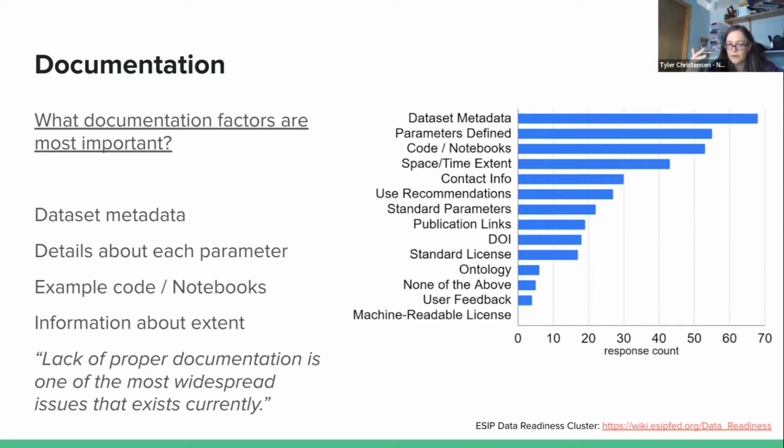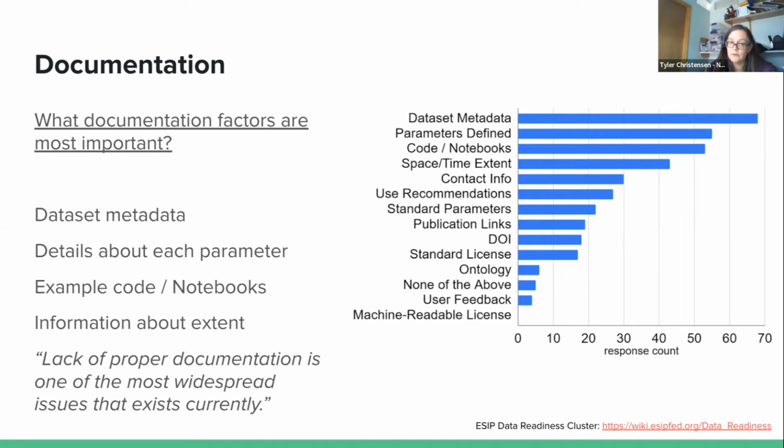Is it floating point versus text? If there are codes in that column, what do the codes mean? So really detail. Oh, if it's nullable, and if there's a null value, so if you're using 999 for null values, that should be carefully documented. So details about each parameter. That's the second most requested.